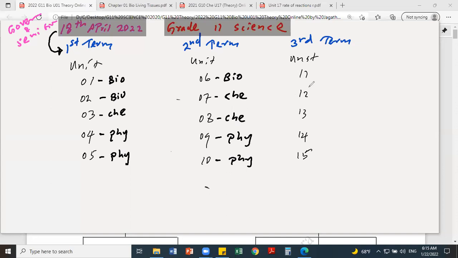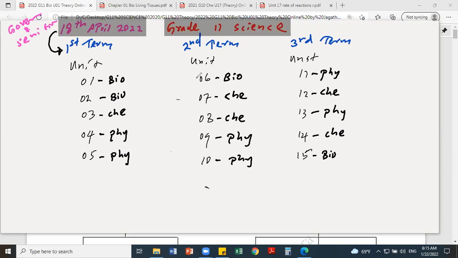And grade 11 third term: unit 11 electronics, physics; unit 12 chemistry; unit 13 physics; unit 14 chemistry; and unit 15 biology, the biosphere. So this is the grade 11 term-wise breakdown of the syllabus.